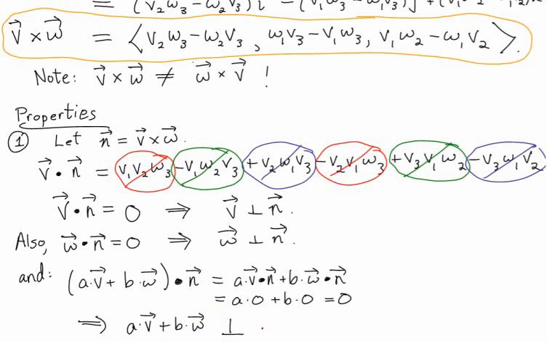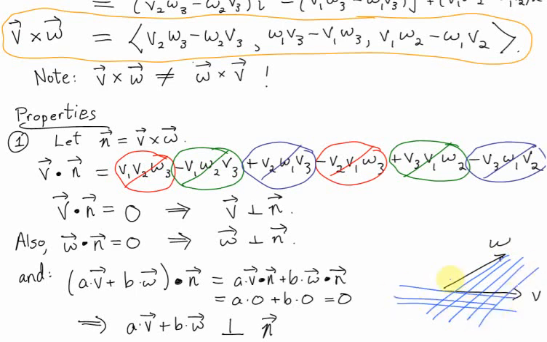Now what does this mean graphically speaking? If I take any linear combination of the vector v and the vector w, the set of all linear combinations actually forms a plane. So I'm going to sketch out the plane containing v and w. Now the vector n, this cross product, is perpendicular to v, w, and everything in that plane.